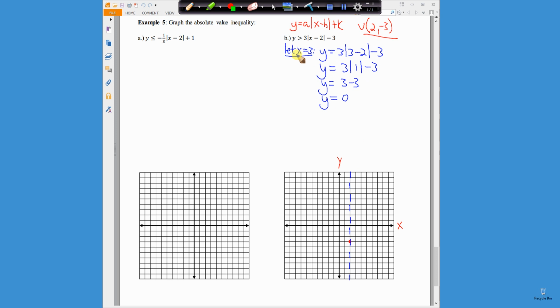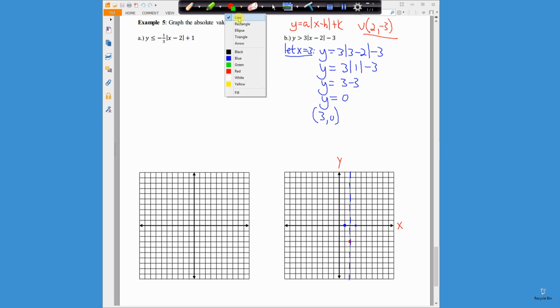So my point here is when x is 3, y is 0. This is a point on the graph of the absolute value function. And so use the axis of symmetry to mirror this point across the axis of symmetry.